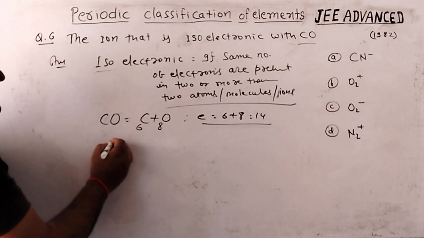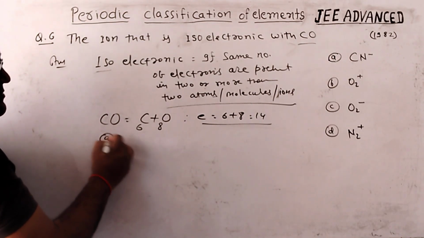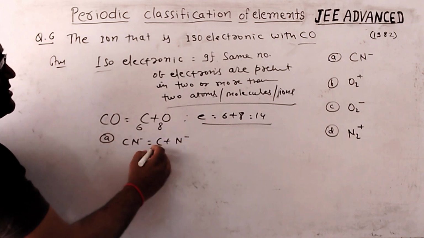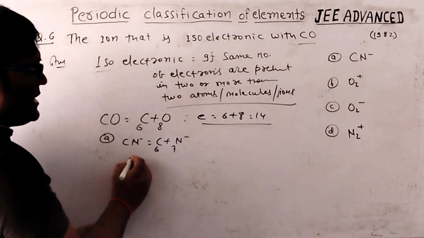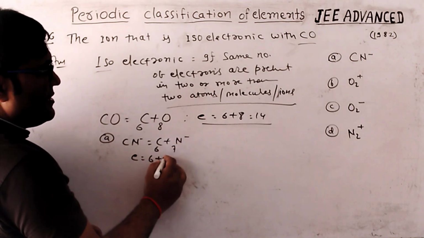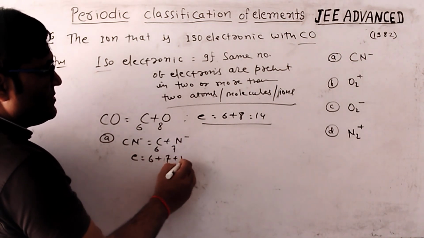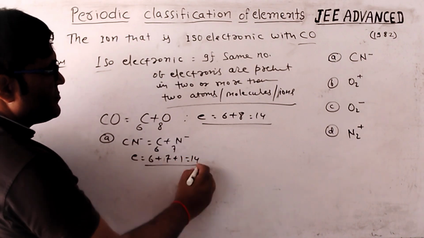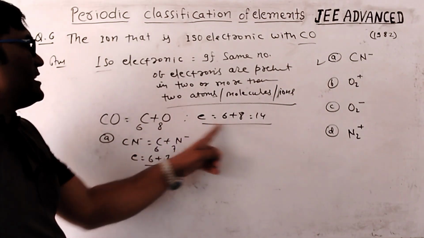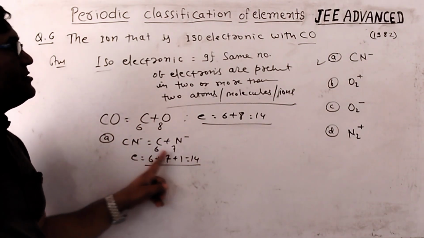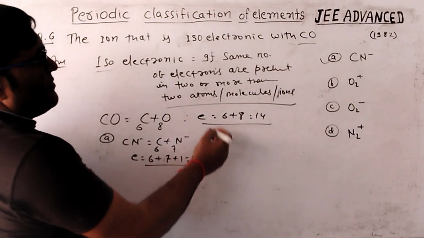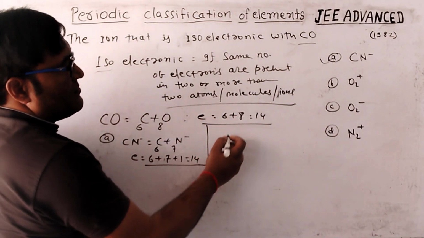Option A is CN single minus, carbon plus nitrogen with a single negative charge, atomic numbers 6 and 7, so electrons are 6 plus 7 plus 1, 14. So option A is correct because 14 electrons are present in CO and 14 electrons are present in CN minus. But we can check some other options.